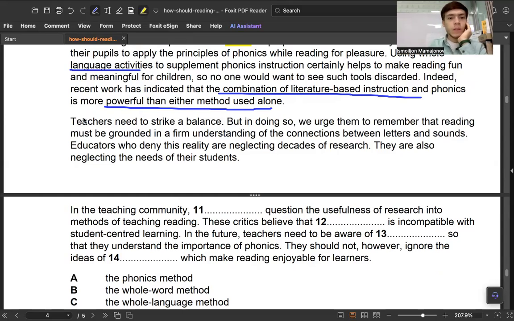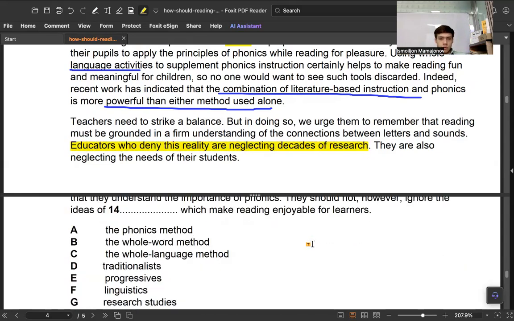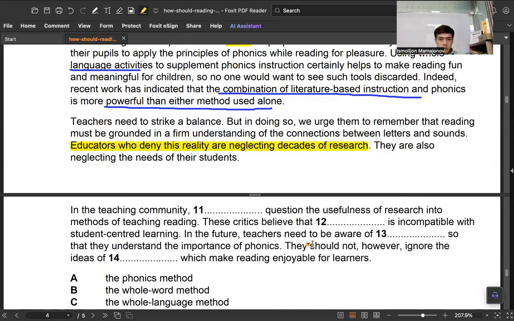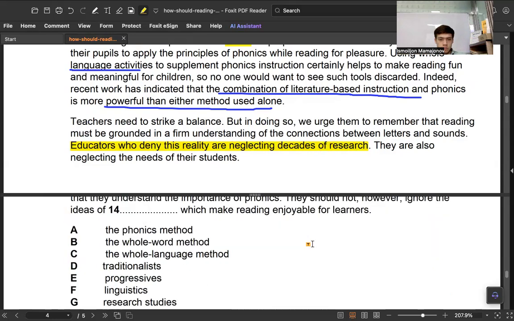Yes, this is the answer. Educators who deny this reality are neglecting decades of research. Research studies, decades of research.